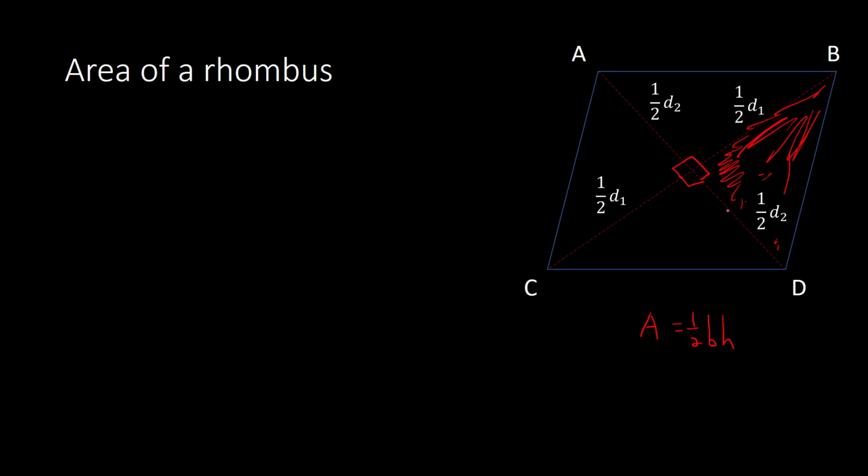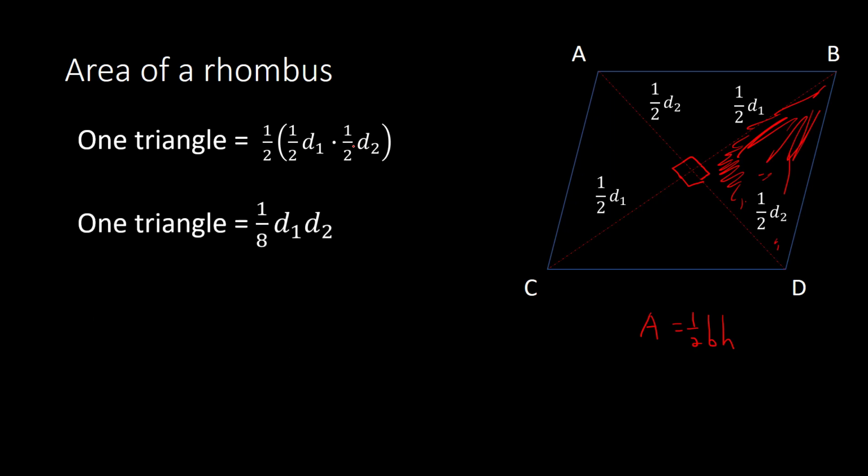Well, the base is 1/2 D2, the height is 1/2 D1. So I take 1/2 times the base, which is D1, and the height is D2, or vice versa. So here what I have is 1/2 times 1/2 times 1/2, which gives me 1/8 D1 D2.